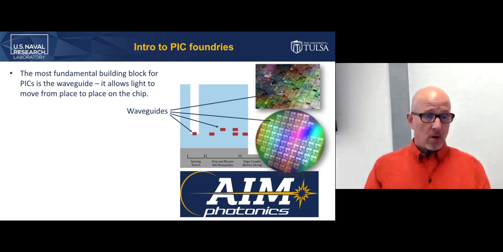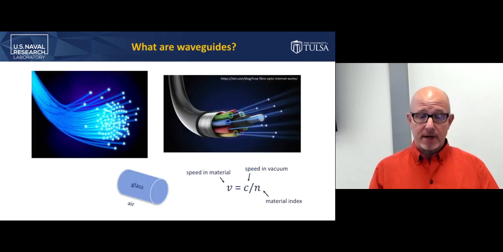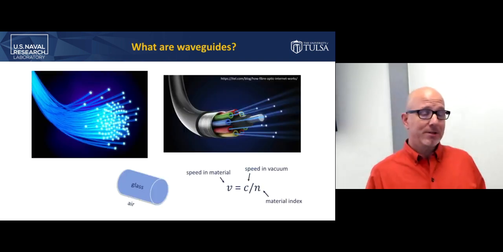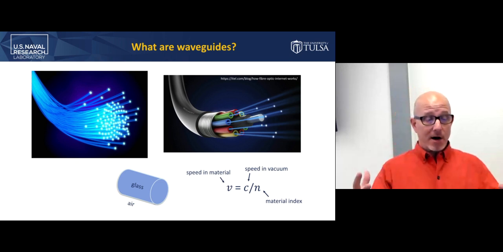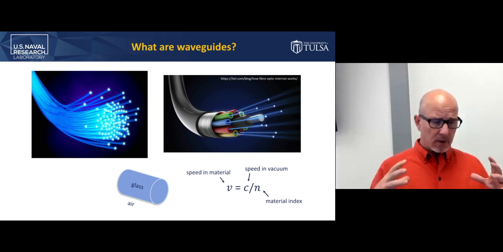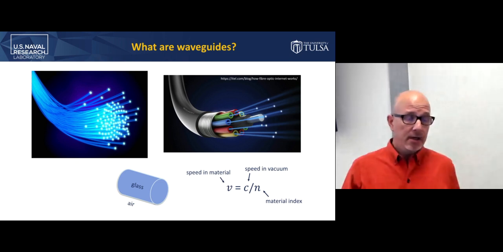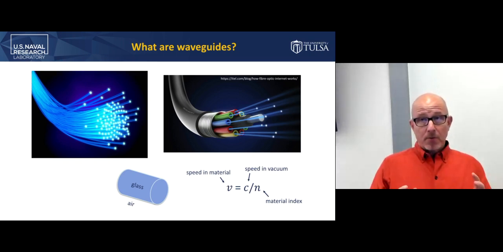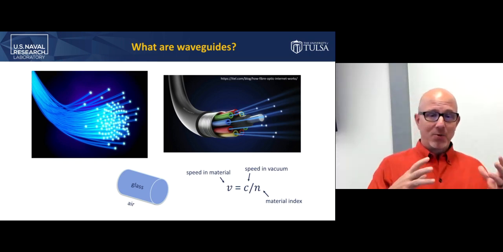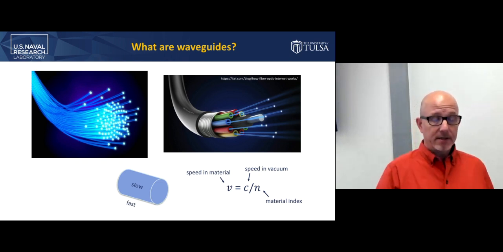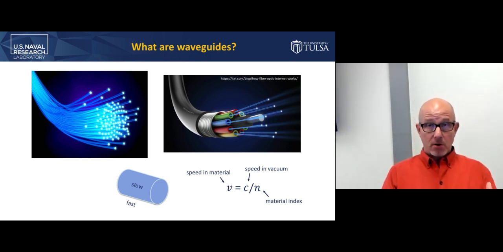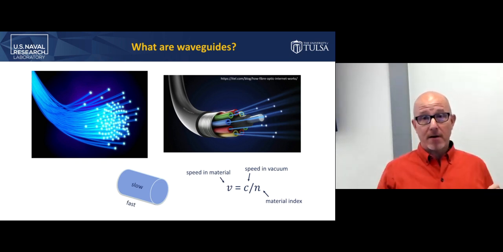So, what are waveguides? I think most of us are familiar with this type of waveguide structure, where we've got a piece of glass surrounded by air, and in this case a cylindrical cross-section. The fundamental physics behind waveguiding is that we've got a material where the light travels relatively slower, surrounded by a material where it would travel faster.